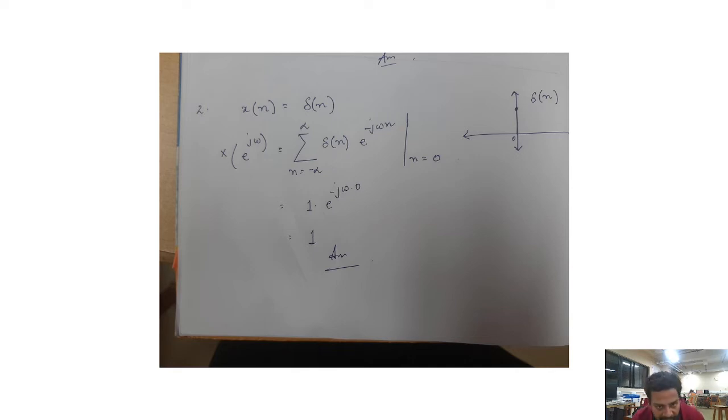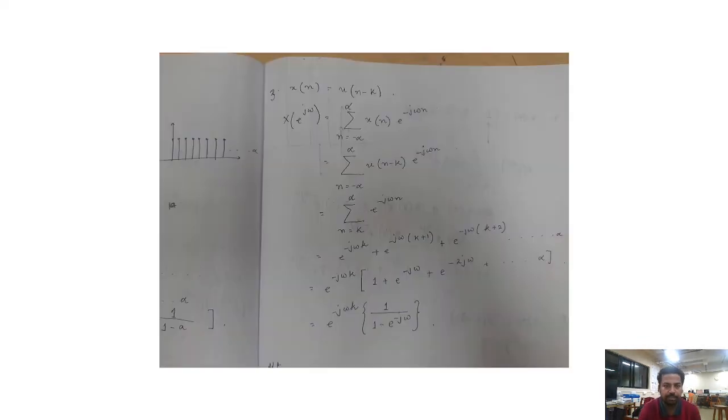So these two formulas are very important for this class. First one is the discrete time Fourier transform for a step function, and this is the discrete time Fourier transform for an impulse function. Okay.